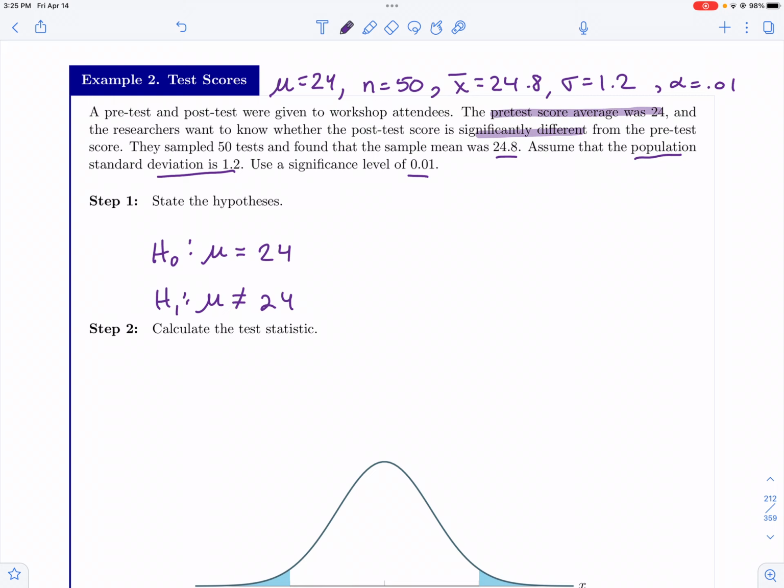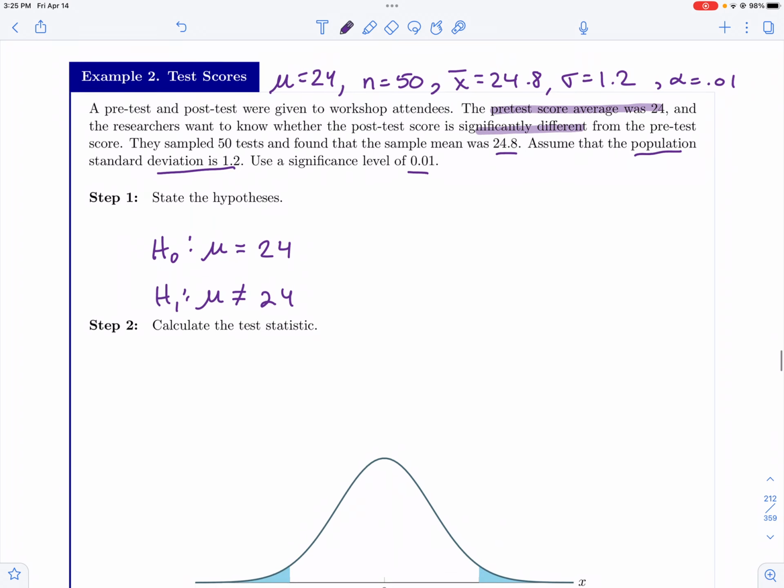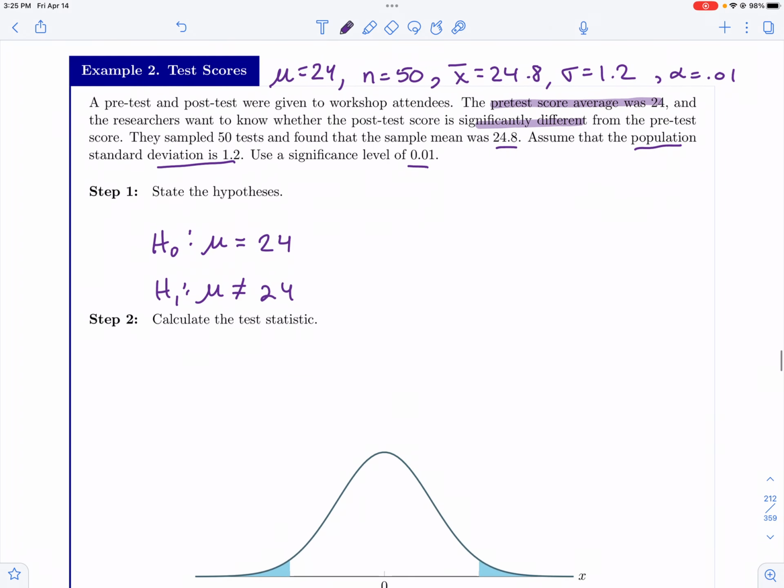So now we need to calculate our test statistic and our comparison statistic. We need to calculate our Z sub t and our Z sub c. If we look at our Z sub t first, we're going to take our sample mean minus our population mean, all divided by the standard deviation divided by the square root of 50.